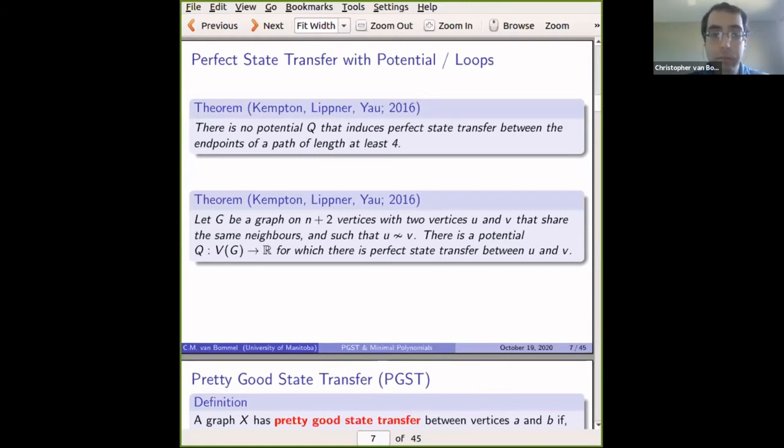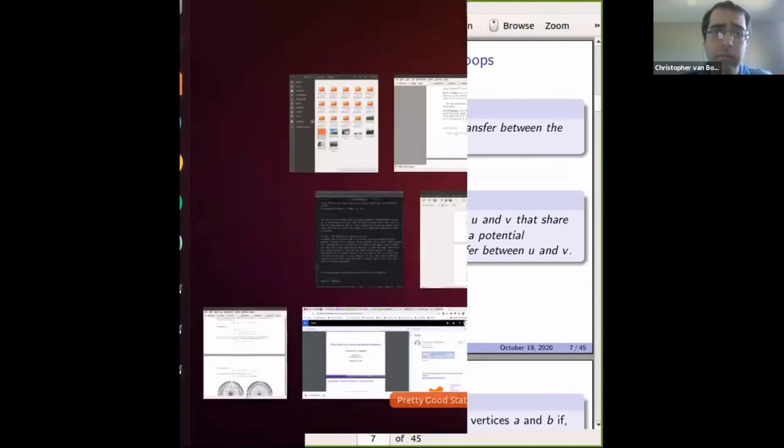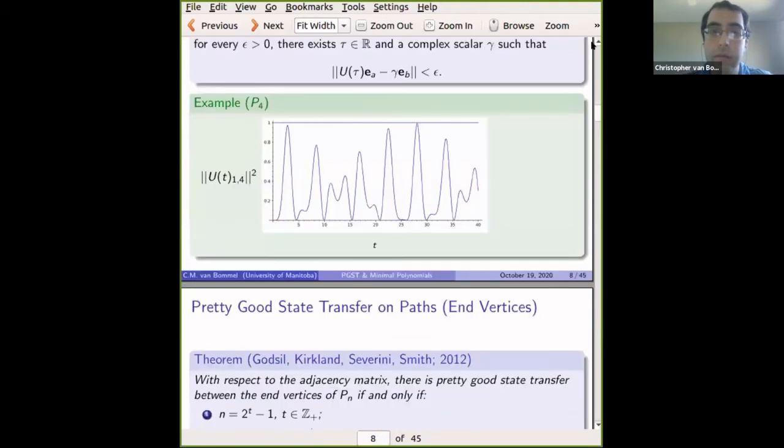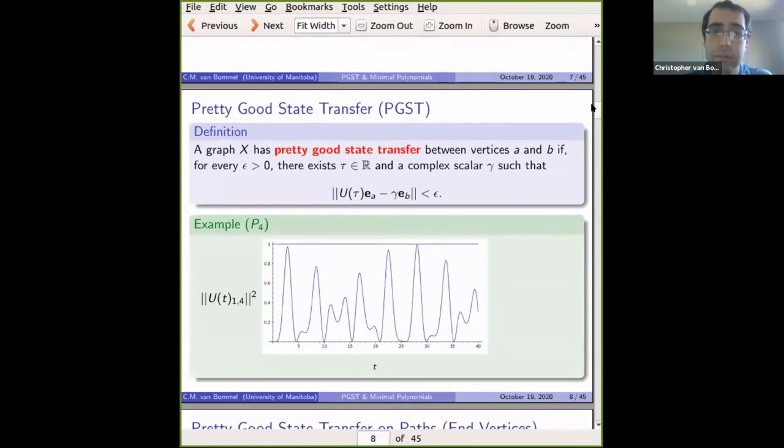Alternatively to modifying the graph, we can relax our requirement on the state transfer itself. And so rather than requiring that we get exactly the same information out on the other end, we can say that we've become close enough.